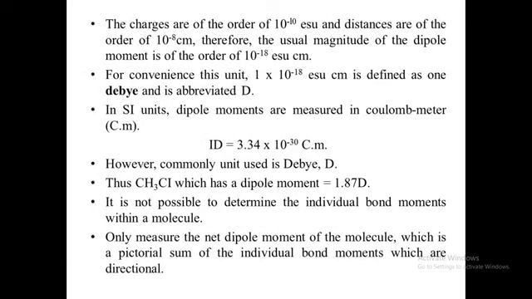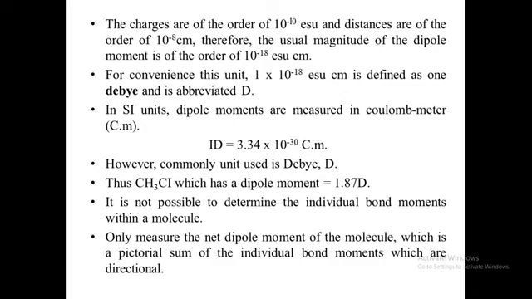The charges are very small, and their values are in the order of 10 raised to power minus 10 ESU, and the distance is also a very small number, that is 10 raised to power minus 8 centimeter.